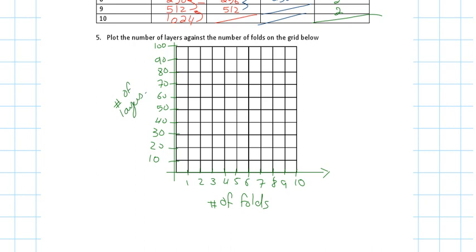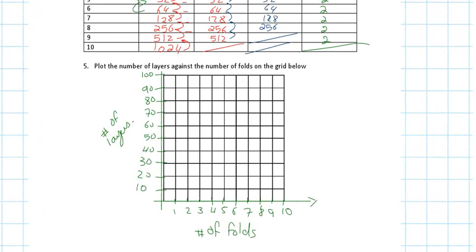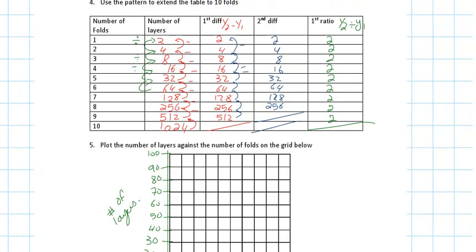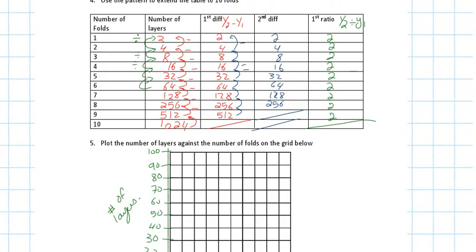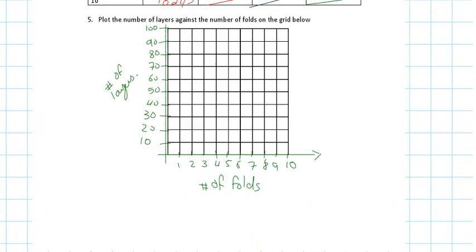Okay, so let's see what we have. 1, 2, right? If I go back to my table, I have 1, 2. So 1, 2 is going to be somewhere right here.